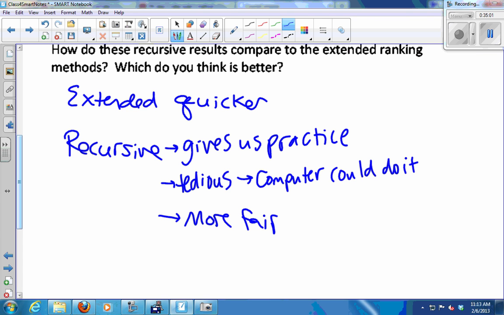We take them out and determine who would win with that person not there. So there's a little bit of a fairness advantage, but there's the tedium that goes with it. There really isn't a better one. You just have to decide ahead of time what your method is going to be.